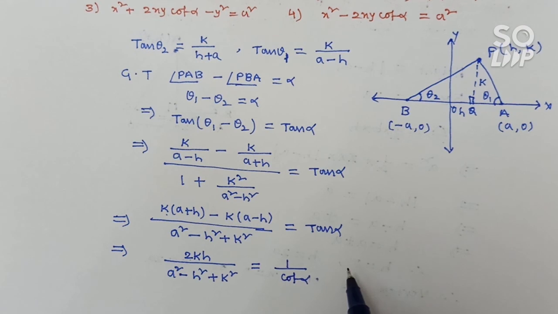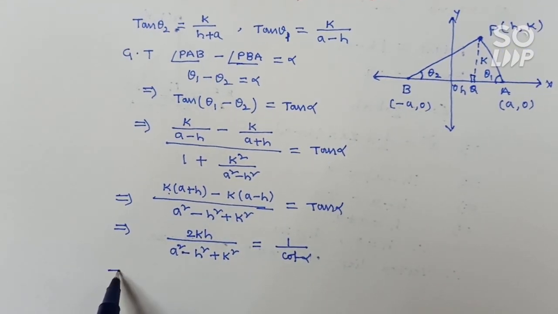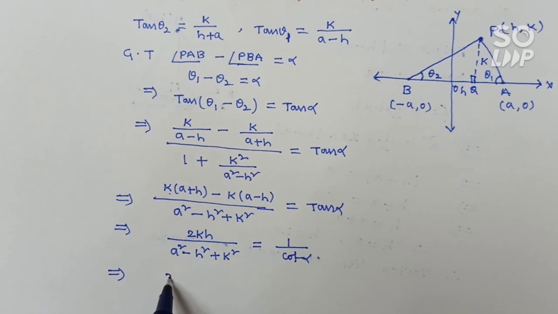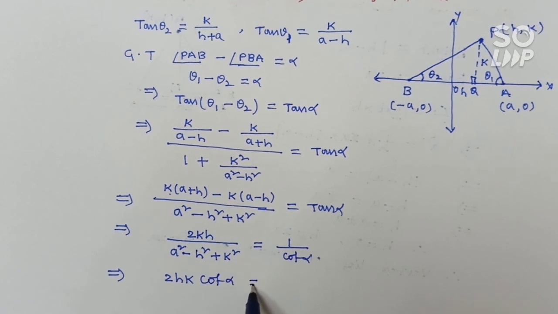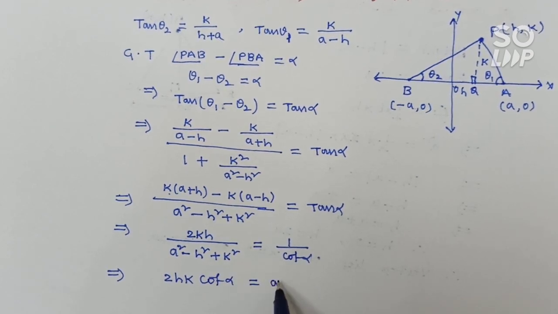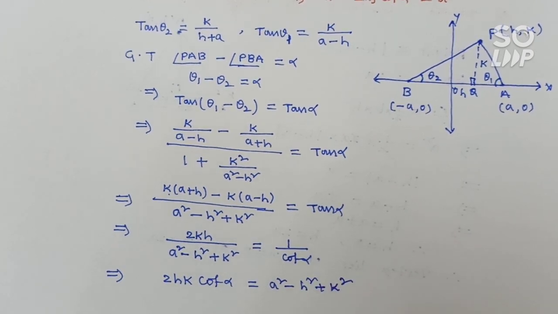Now you cross multiply. This becomes 2H into K into cot alpha is equal to A square minus H square plus K square.